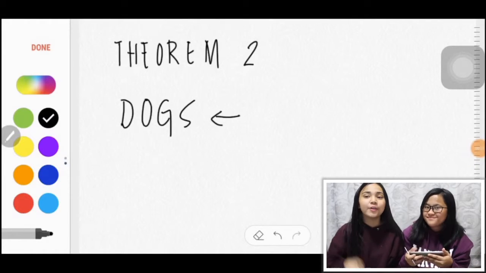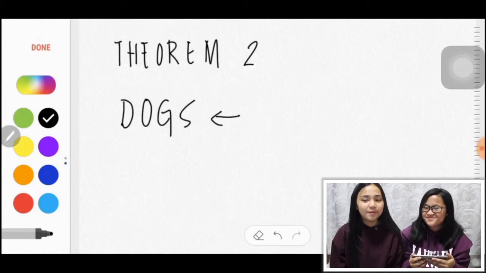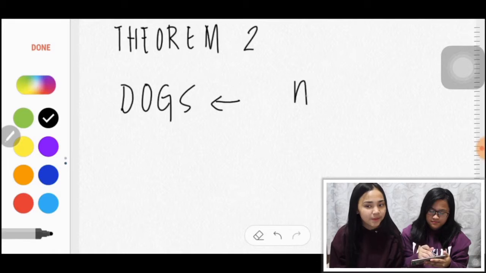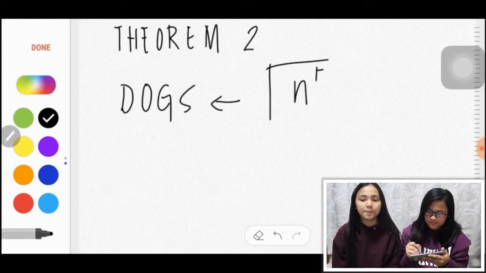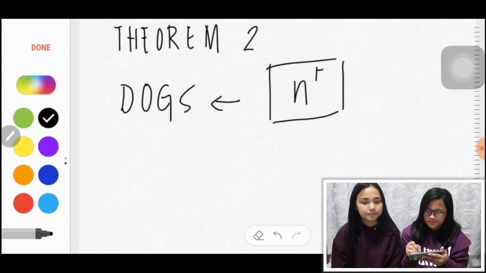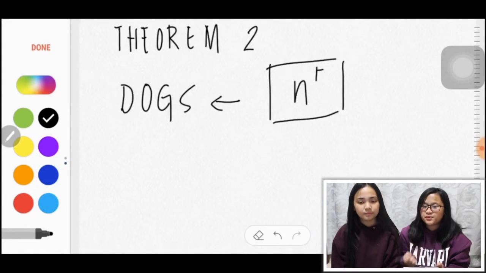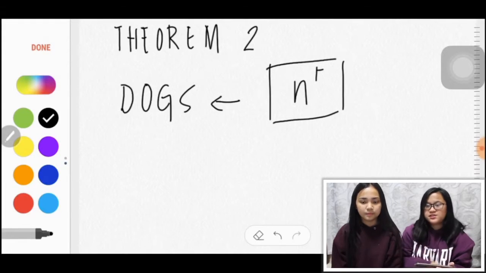And now for our Theorem 2, it is where the number of permutations of n different objects taken r at a time and repetition is allowed. The formula to be used is n raised to r. For example, how many 3-letter words with or without meaning can be formed by the word DOGS when repetition is allowed?